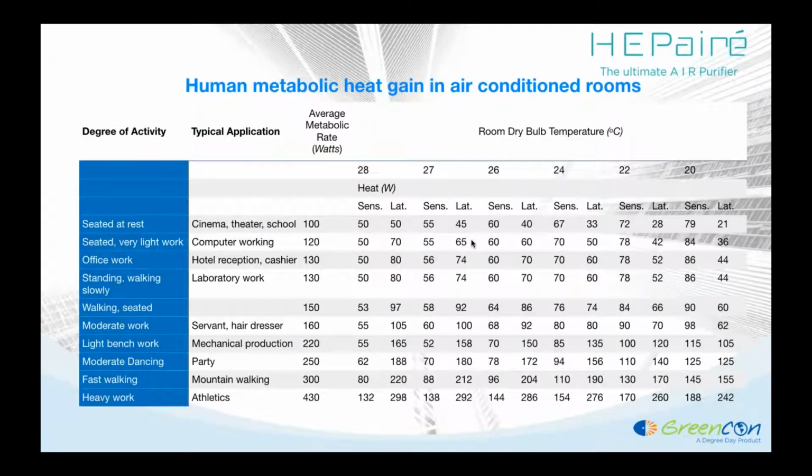Now, I am talking of a concept of reducing the air which you need to exhaust out and collect to the point from where you need to suck it out. So you see what is the kind of metabolic rate which is applicable in any kind of heat loads for a room. Seated at rest, typically a person would have only 100 watt kind of metabolic rate, and it will increase depending upon the kind of activity.